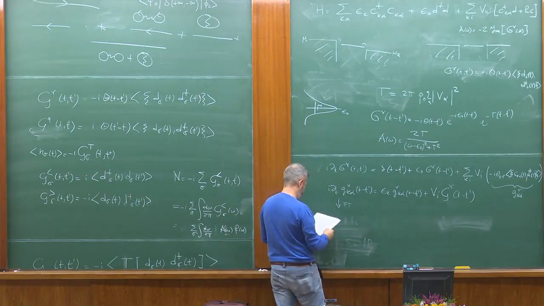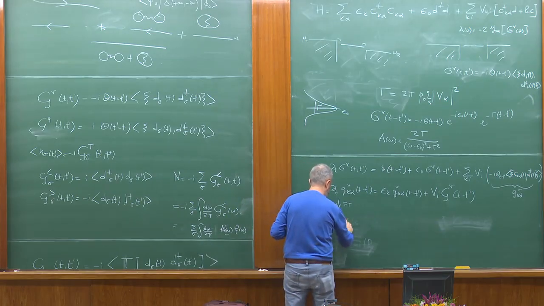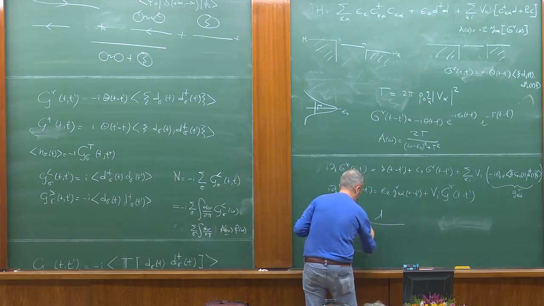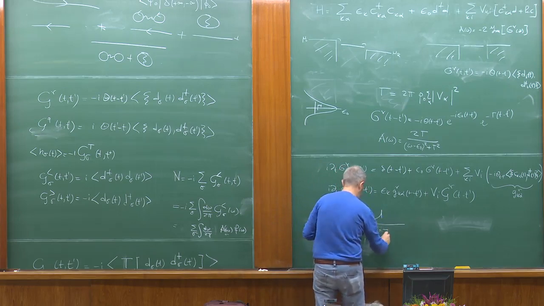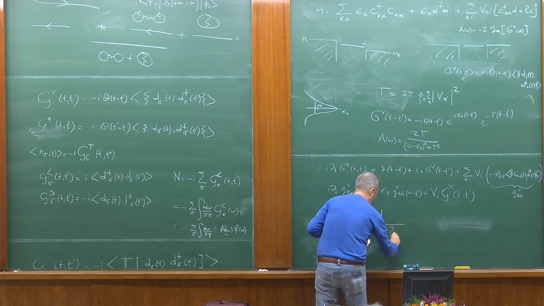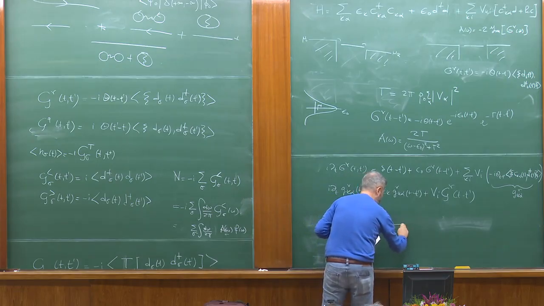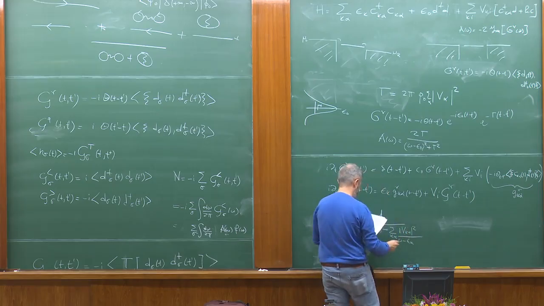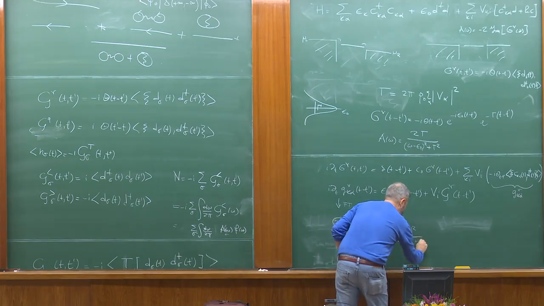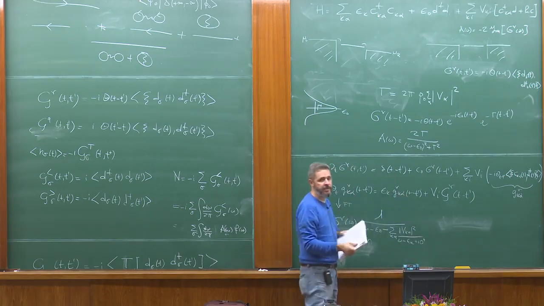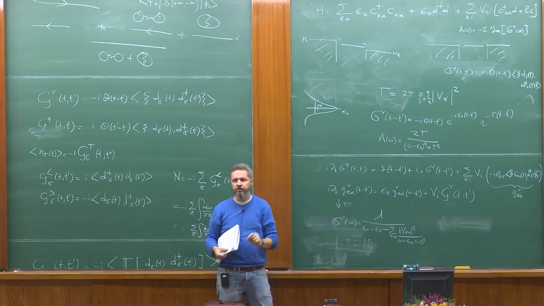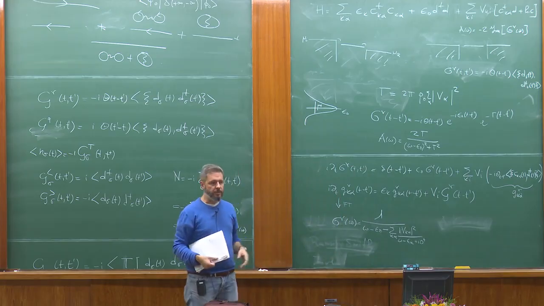What I get is that G retarded of omega comes out to be 1 over omega minus epsilon naught minus sum over k and alpha of V_k alpha squared divided by omega minus epsilon_k plus i 0 plus. The 0 plus is that small imaginary part that you have to put there in the non-interacting retarded Green functions.